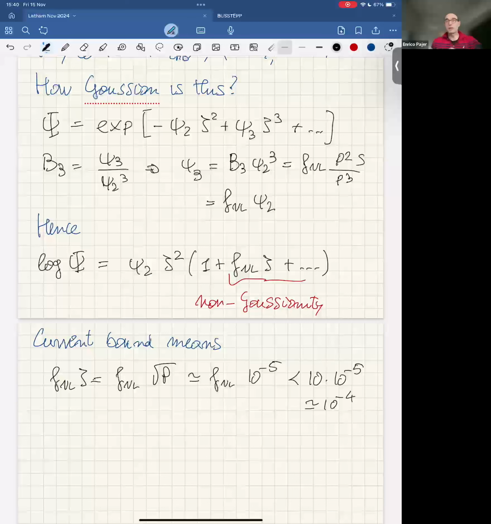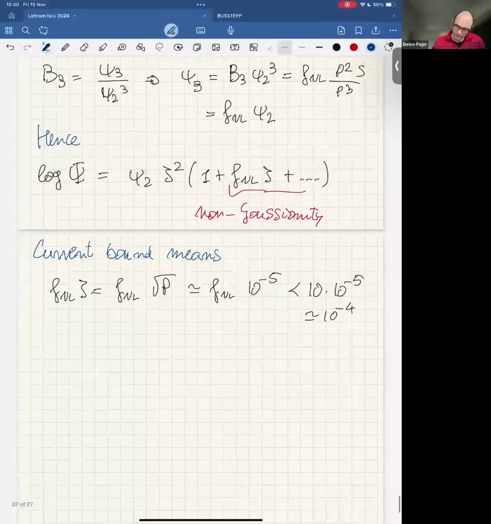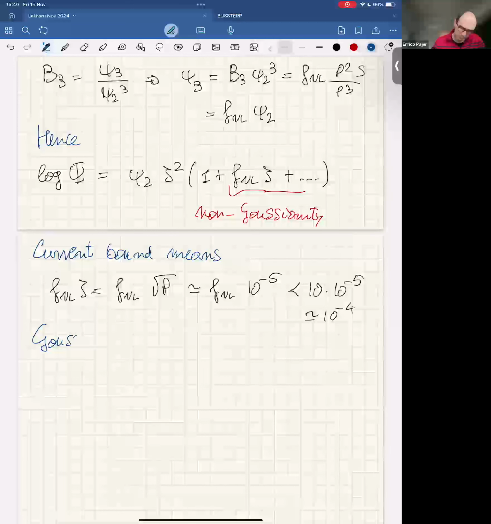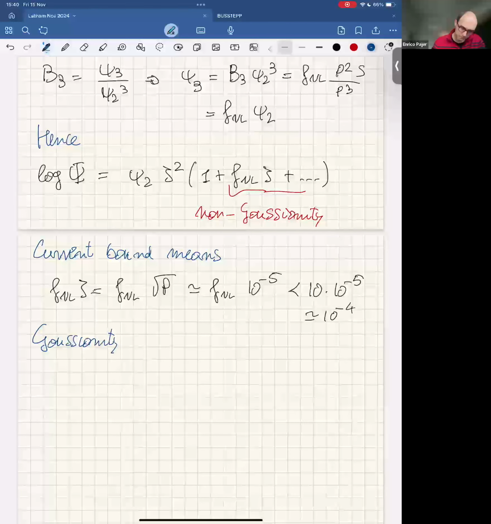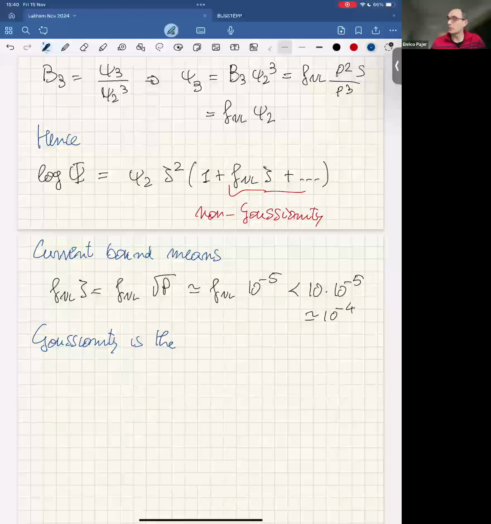So the deviation from a Gaussian is smaller than 10 to the minus 4. So our universe started with extremely Gaussian perturbations, which is a remarkable fact that deserves an explanation. And in fact, maybe I'll conclude with the statement that Gaussianity is the most precise constraint that we have on the early universe.